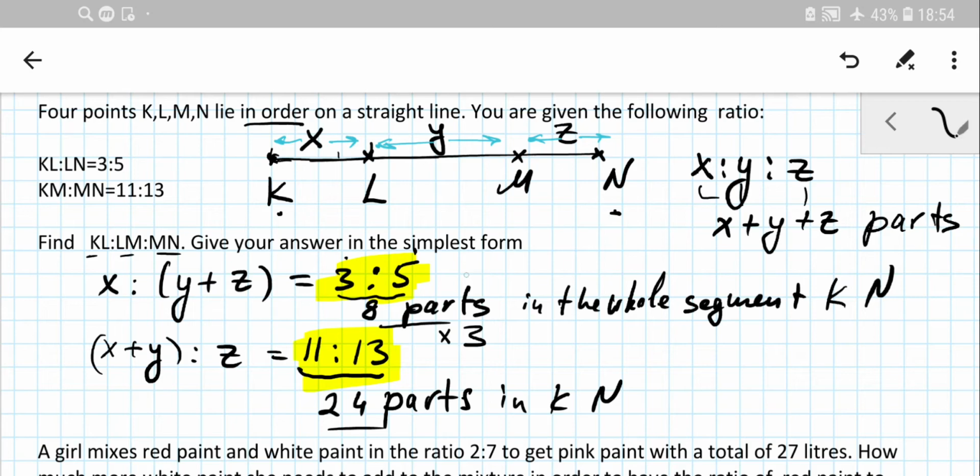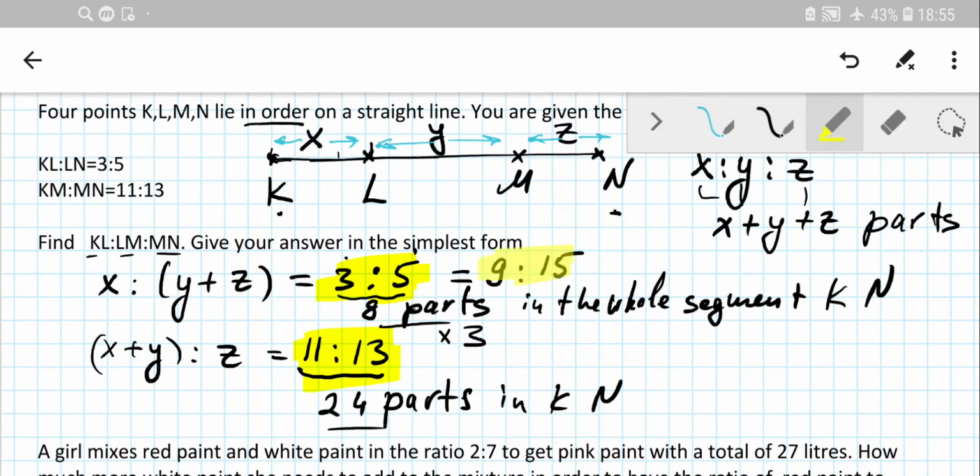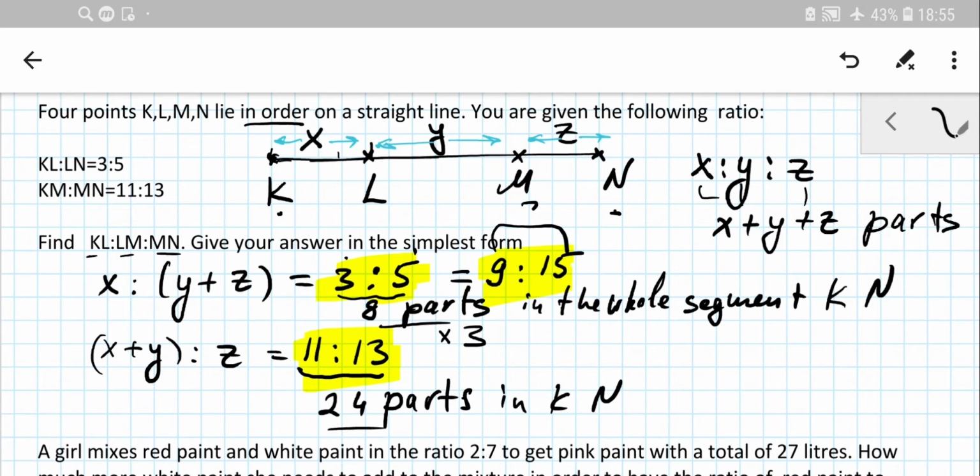Your ratio becomes not 3 to 5, but every term times 3: 3 times 3 is 9, and 5 times 3 is 15. Now if you check how many parts in total, 9 plus 15 is also 24. Now you've got 24 parts here too.